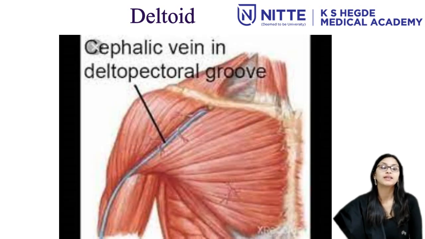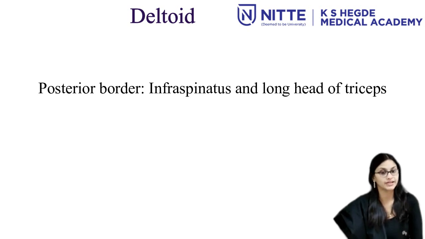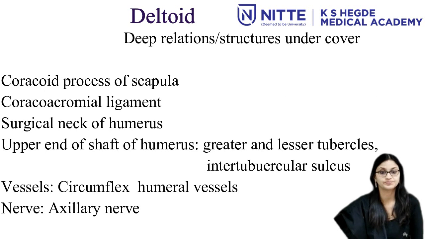The anterior border is related to a groove called the deltopectoral groove that contains the cephalic vein and the deltoid branch of the thoracoacromial artery. The posterior border of the deltoid is related to infraspinatus and the long head of the triceps.